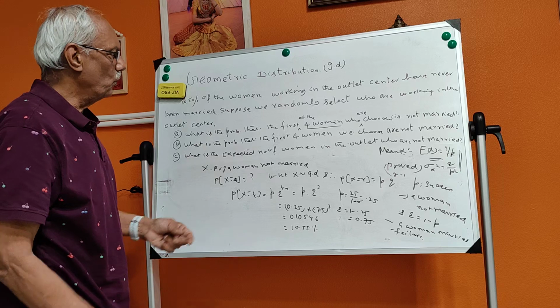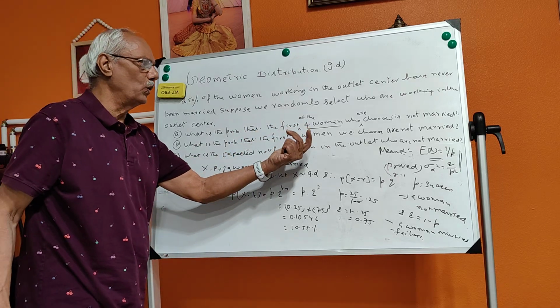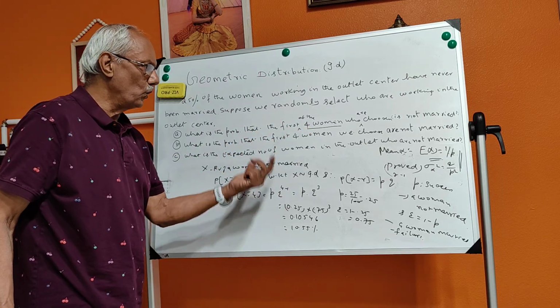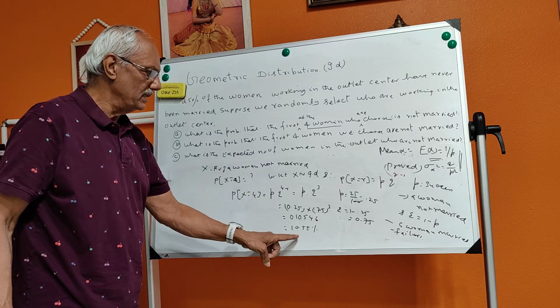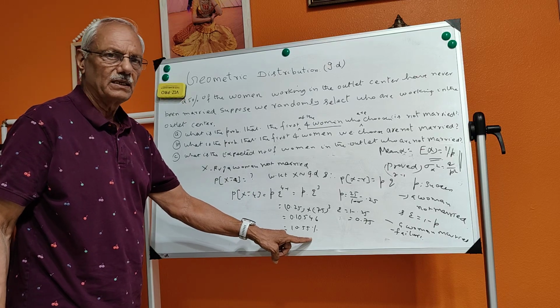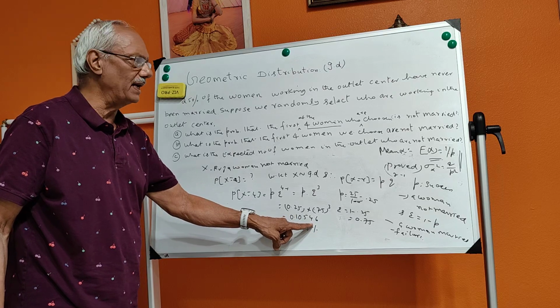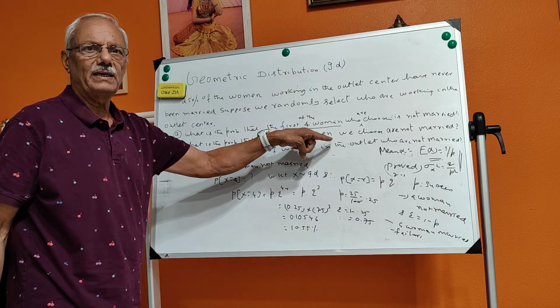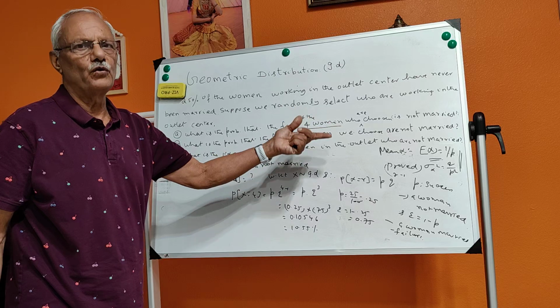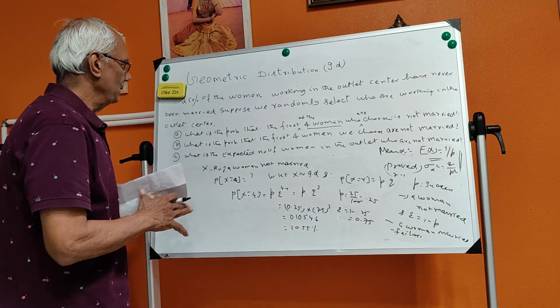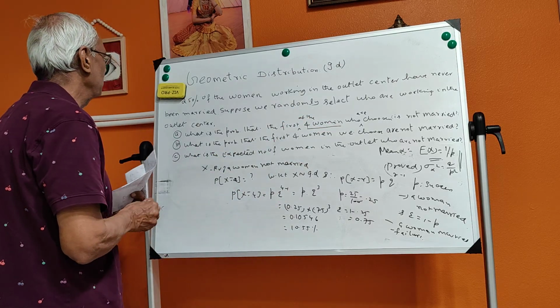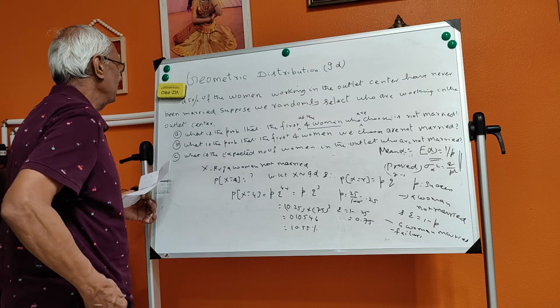That means if you take 4 women out, the chance that the first one is not married is 10.55%. That is the meaning of that. Now let us move on to the next one.